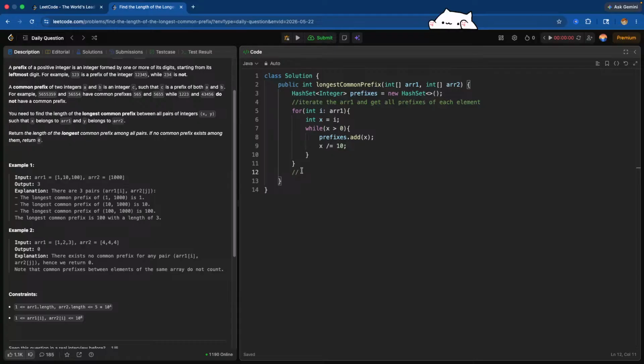And then the second approach, for checking arr2, we would do the same thing, but we would have a check to stop it early when we find the longest prefix, right?